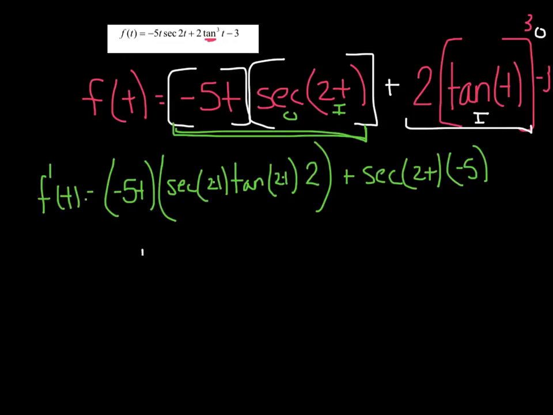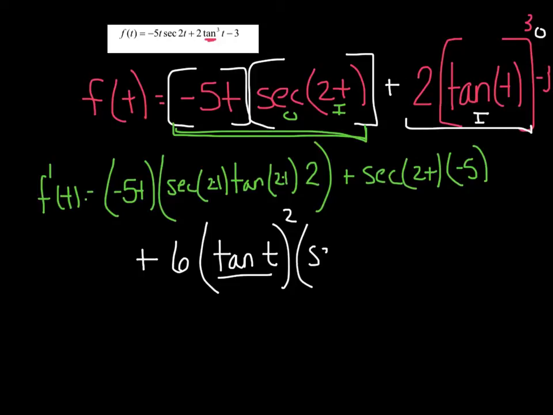So that's plus power rule: 6, keep the inside, tangent of t, raised to the second. Now the derivative of tangent of t is secant squared, keep the inside. And technically the derivative of t is 1, I don't need to put times 1. And lastly I have this minus 3, and the derivative of any constant is 0.